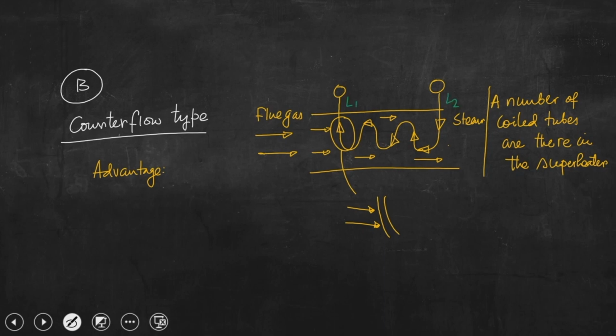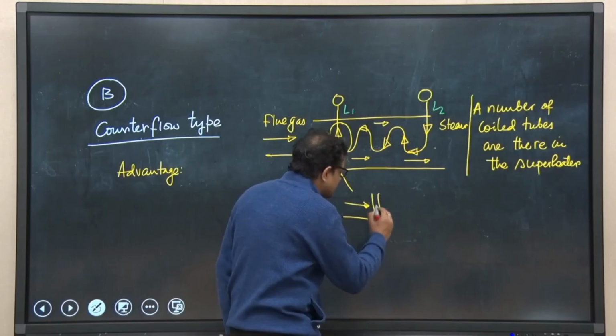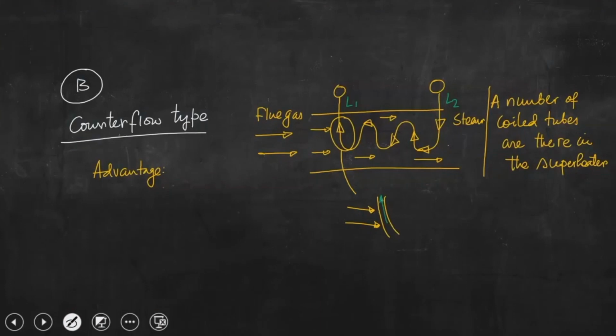The temperature of flue gas at L1 is very high, while the temperature of flue gas at L2 is relatively less, and steam temperature at L2 is also relatively less, but at L1 is high. So, that means this particular portion of the superheater is prone to high temperature because the steam temperature inside is very high.